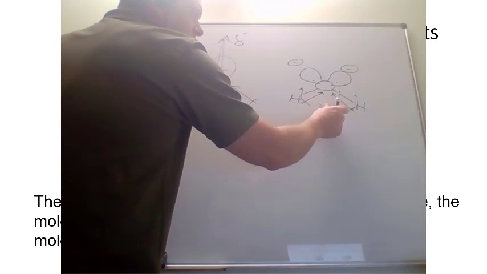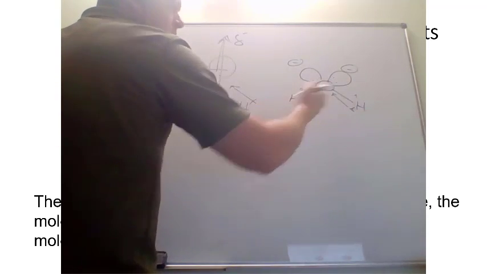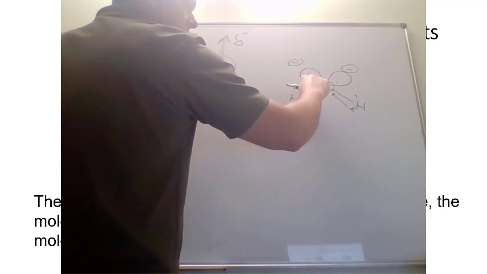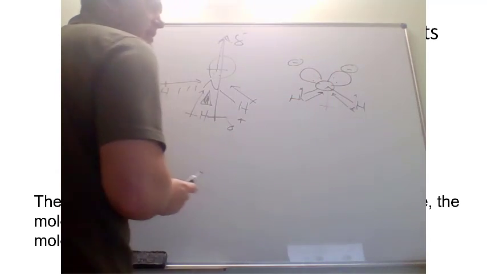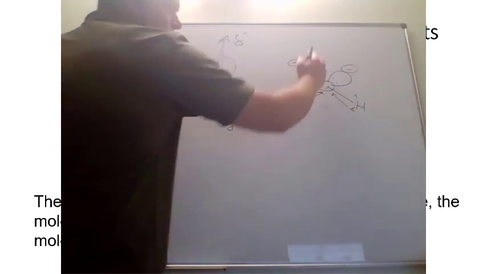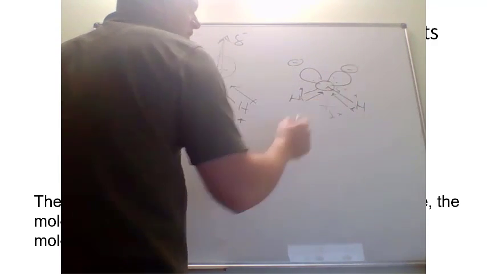So therefore, these two vectors are going to cancel each other out in this x dimension. All that's left now is our z dimension going straight up and down. We can see both of these vectors are going to add together, giving us a dipole moment for the OH bonds going straight upward, with a partial positive on the bottom and a partial negative towards the top.